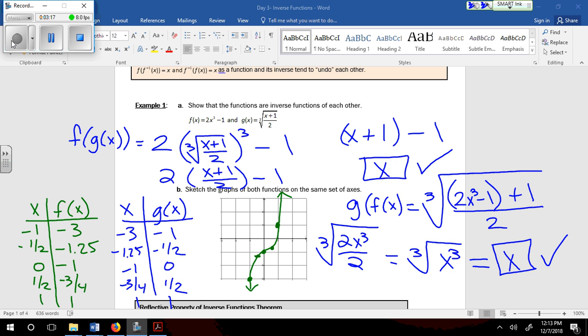And so when I plot these points, it's going to be a reflection over the line y equals x. And that is a rule that you learned in Math 3 and we reviewed in Pre-Calculus. And so they are inverse functions because they are reflections over the line y equals x right here.